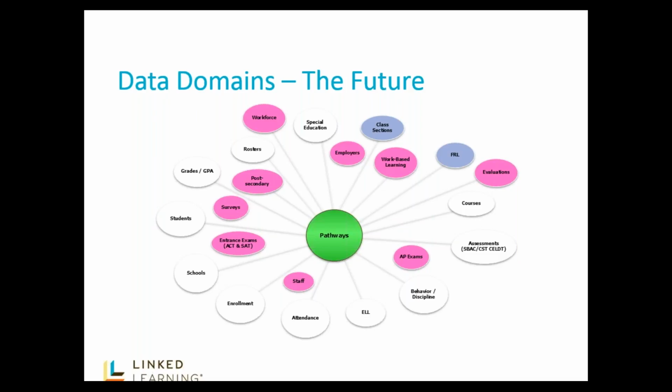You can see some of these are reflective of the same data domains we referenced at the beginning of the slides that we're already collecting, but some of them are newer that we're intending to build in as we continue to advance the Linked Learning Analytics dashboard. Yeah, I think magenta is entirely new domains of data, and the bluish color is sort of an expansion of an existing domain.